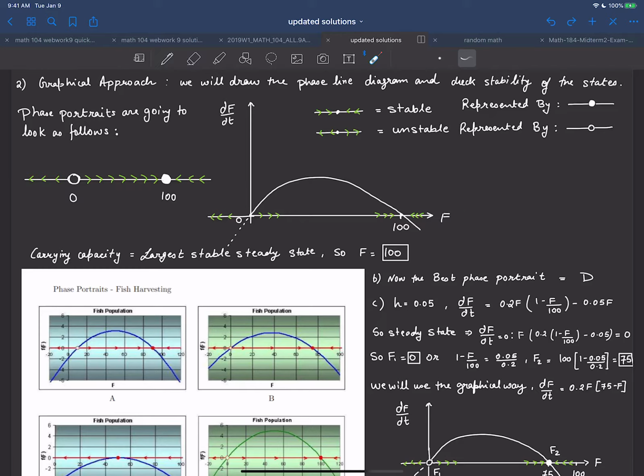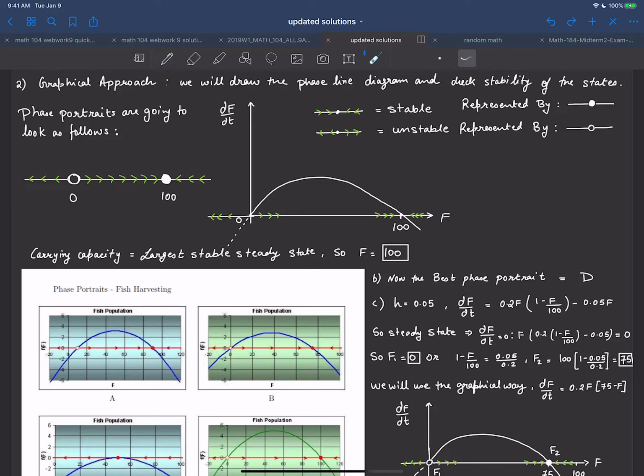So if you were to plot that function that we had over there, where df/dt is nothing but f times (1 minus f over 100), you're going to see two conditions where you have a steady state. It's going to look like a downward opening parabola.